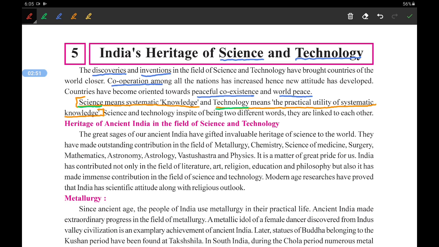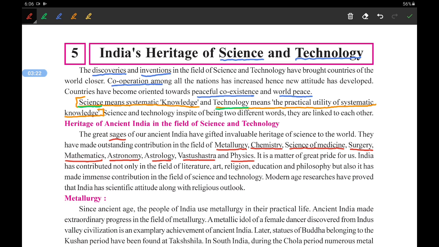Next, heritage of ancient India in the field of science and technology. What is the heritage of ancient India that we will study? The great sages, that means saints, of ancient India have gifted invaluable heritage of science to the world. They have made outstanding contributions in the field of metallurgy, chemistry, science of medicine, surgery, mathematics, astronomy, astrology, Vastu Shastra and physics.